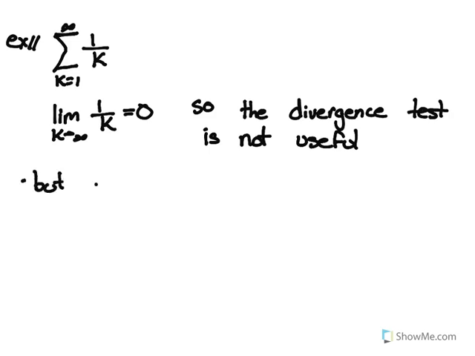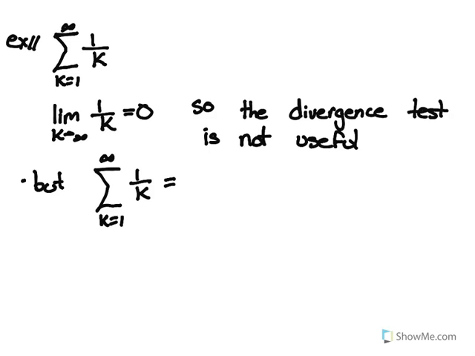In fact, the series of 1 over k diverges. And we'll see in the next lecture, using some convergence test, why this is the case. But right now, let me do a separate argument.